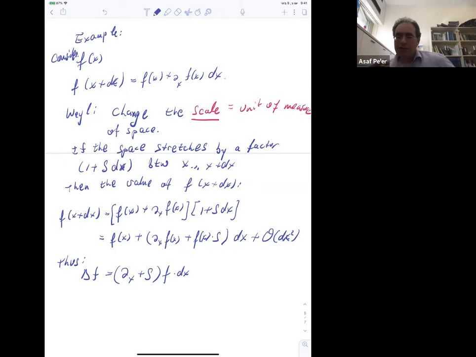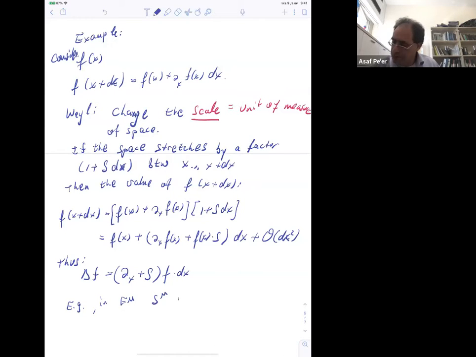This new addition is to be identified, for example, in electromagnetism, with the 4-vector potential A mu.